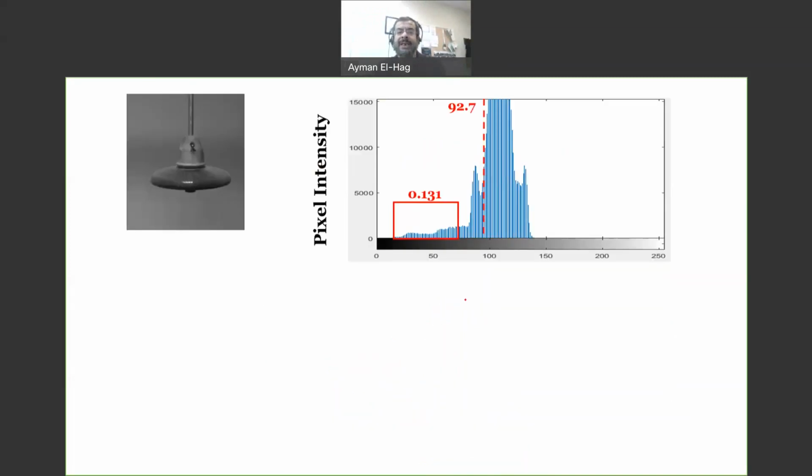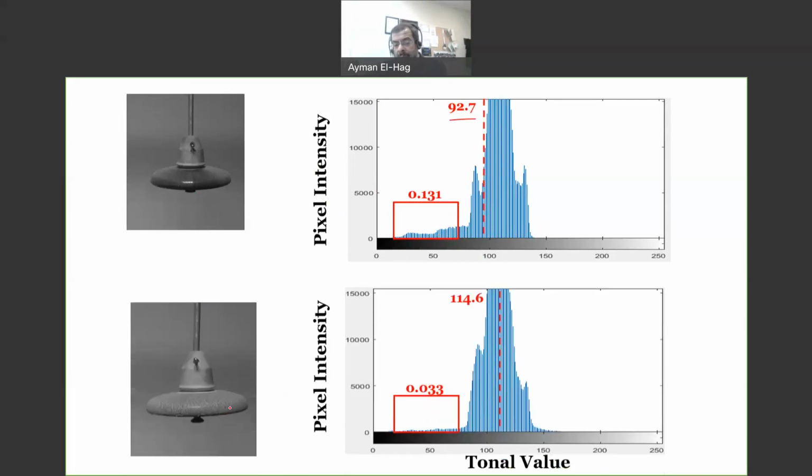So let me give you an example. For a clean insulator, it's a bit dark. The area of the first 70 tonal values is 0.131, and the global mean is 92.7. Now, for a polluted insulator, you can see it becomes more whitish because this is the nature of the pollutant.